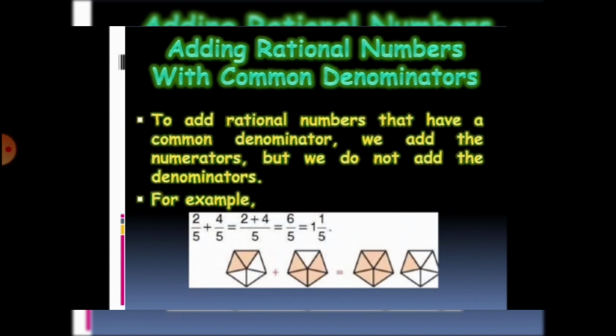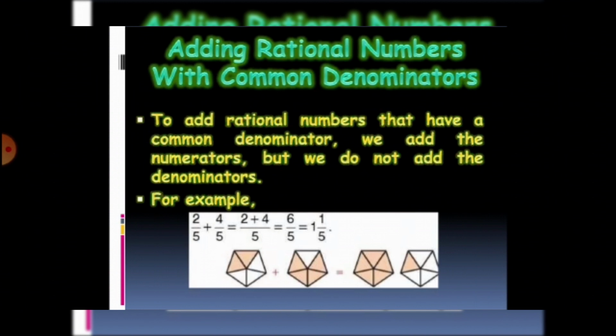Here, we will revise how to add rational numbers with common denominators. In your previous classes, you have learned to add rational numbers with common denominators. So what is the method to add rational numbers that have common denominators?